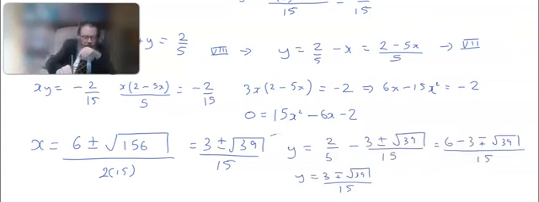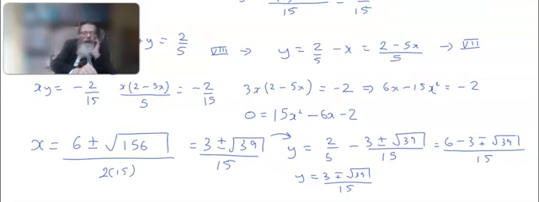And so if you follow what I'm doing here, I've put y equals 2/5 minus the two possible values of x, 2/5 minus 3 plus or minus root 39 upon 15. And then if I put everything over 15 so that the 2/5 becomes 6/15, all on the top of there, I've got 6 minus 3 minus plus root 39 upon 15.